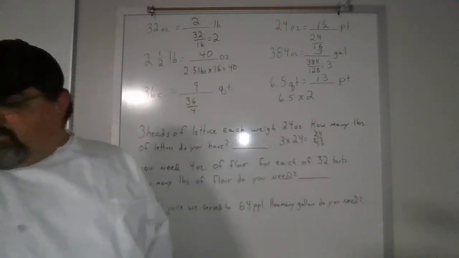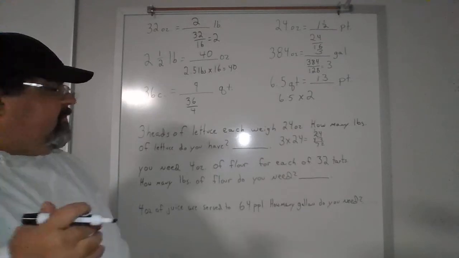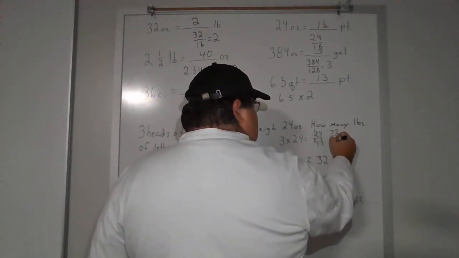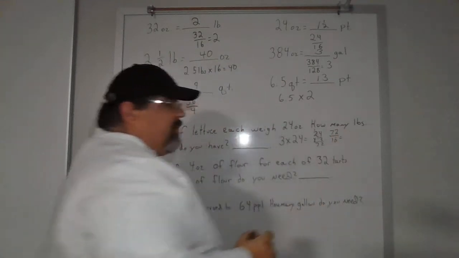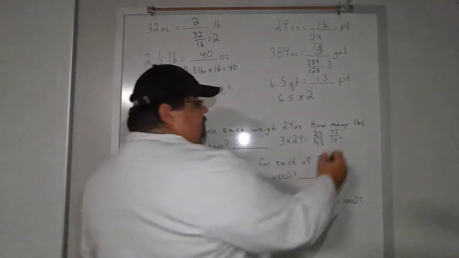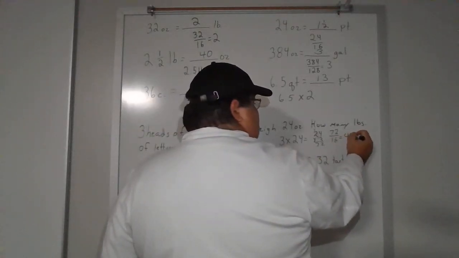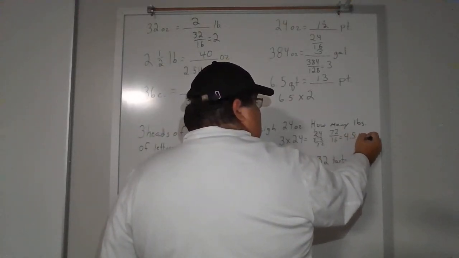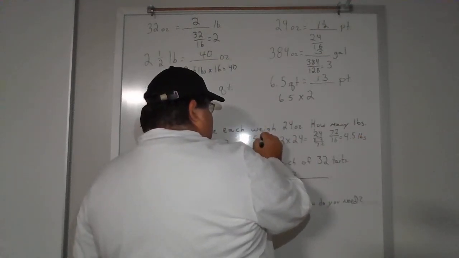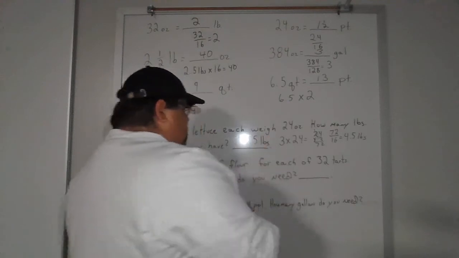And then 72 divided by 16 is going to give us 4.5 pounds. So our answer is 4.5 pounds.